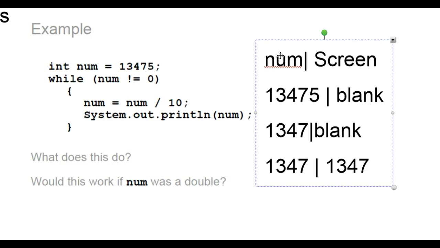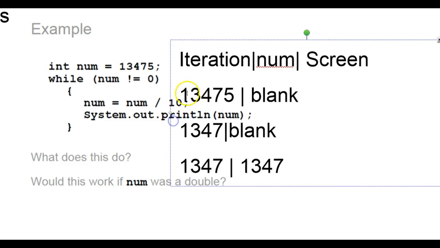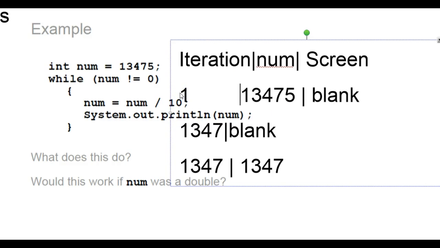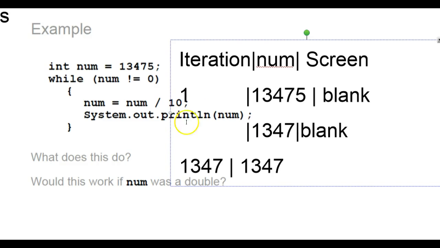So this is a full run for the first iteration. We should probably put that in here. Iteration 1. Space this out a little bit. So this is all the first iteration. Or actually, I should say 0 iteration.